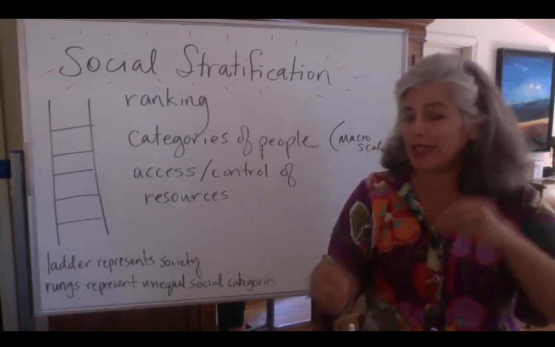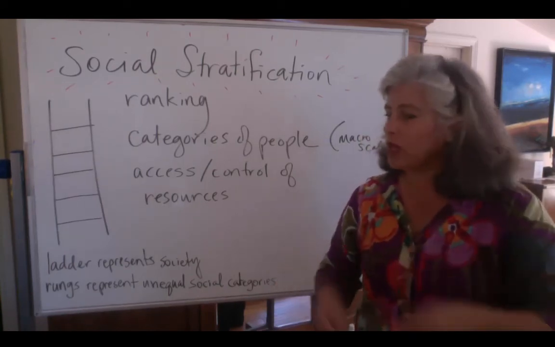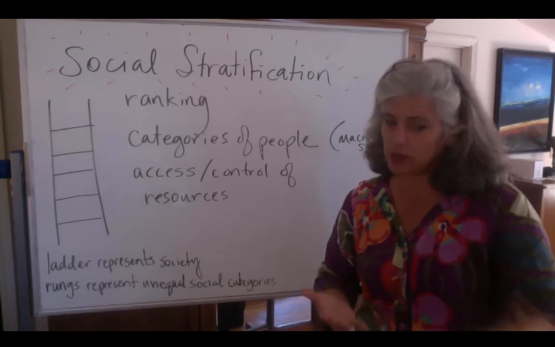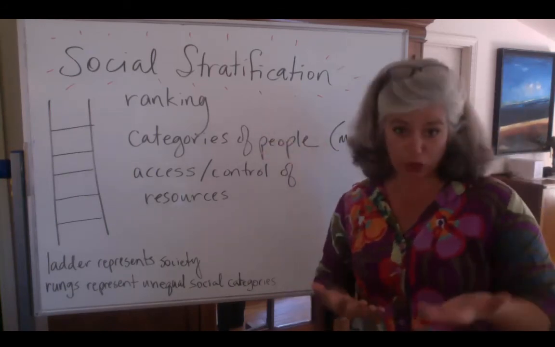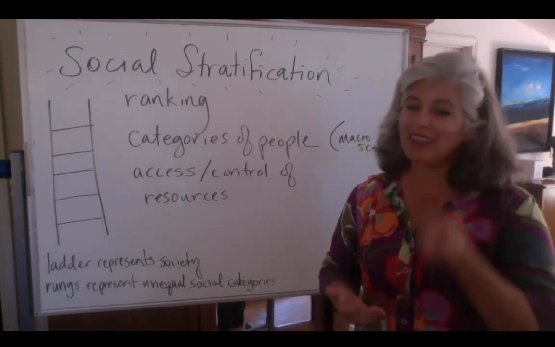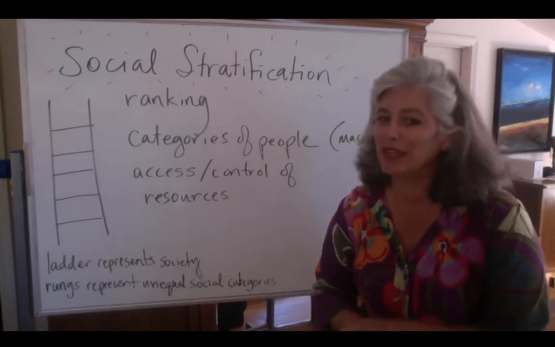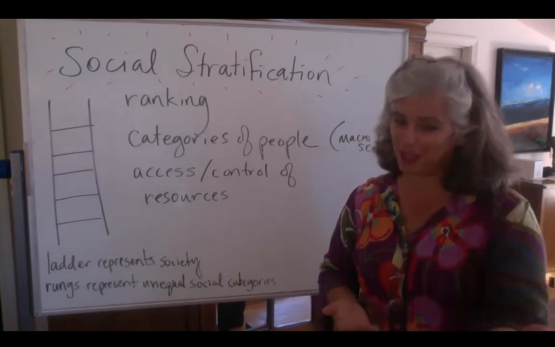So it's 2 different kinds of statuses that we're looking at here. So we'll look at open and closed systems of social stratification and the concept of social mobility. And that social mobility concept is what the American dream is based on. So we'll be looking at the American dream again.